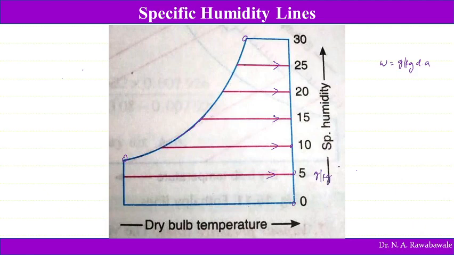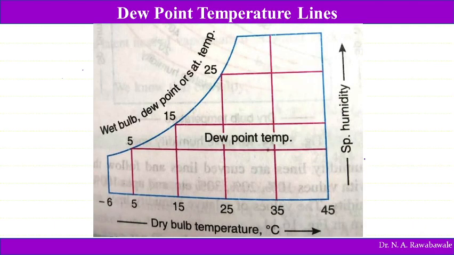Sometimes it is given in kg per kg of dry air, that is 0.005 kg per kg of dry air. So it may be given as 5 or as 0.005. These horizontal lines, parallel to the x-axis, represent specific humidity or humidity ratio lines.